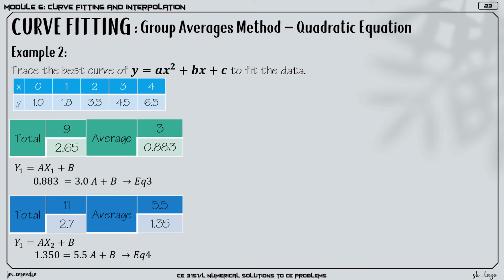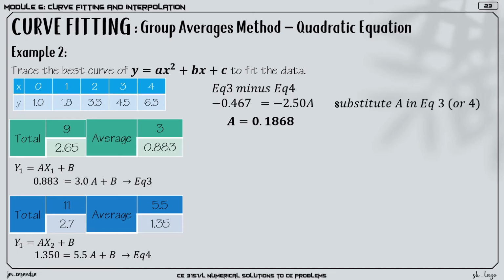So we have two unknowns and two equations. We can get the difference of equation 3 and equation 4, which gives us a value of a equal to 0.1868. From there, we substitute a in either equation 3 or 4, which gives us a value of b equal to 0.3226.